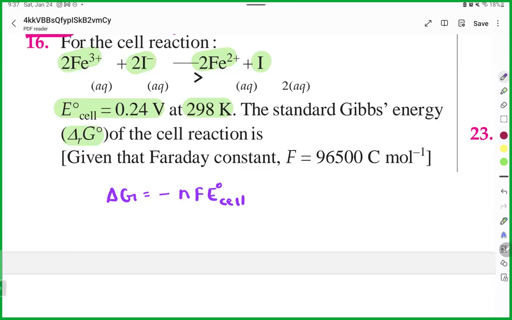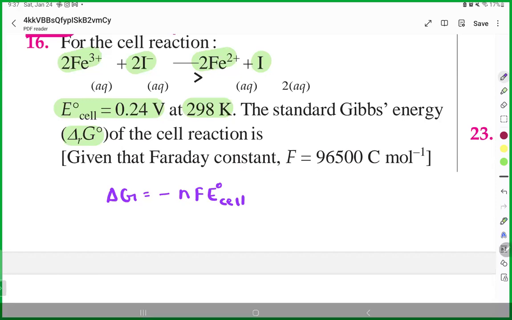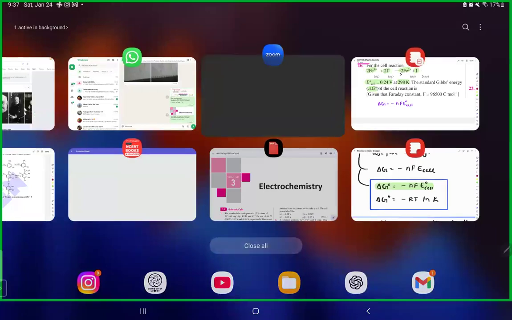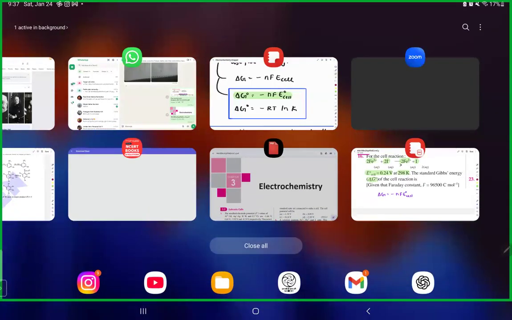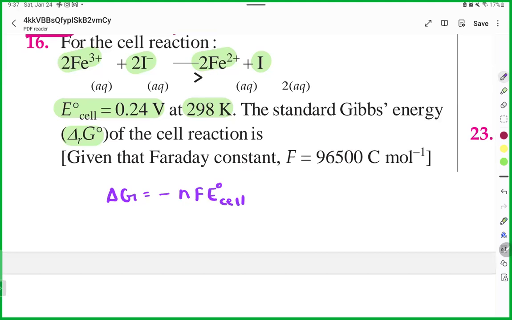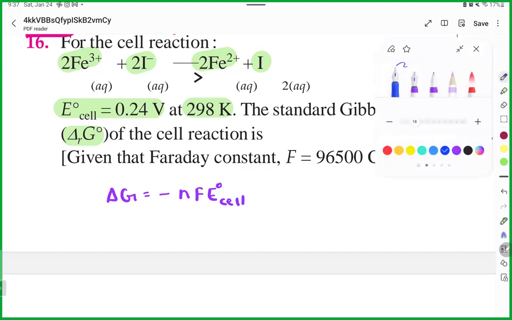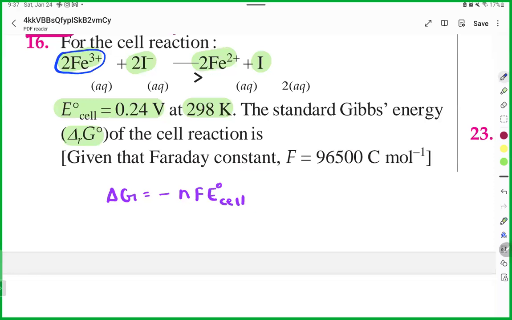How many electrons are transferred in this case, Sarah? Sarah, are you there? Yes, sir. 2. Because sometimes you will believe Fe3 positive converts into Fe2 positive, so there is 1 electron difference, right?